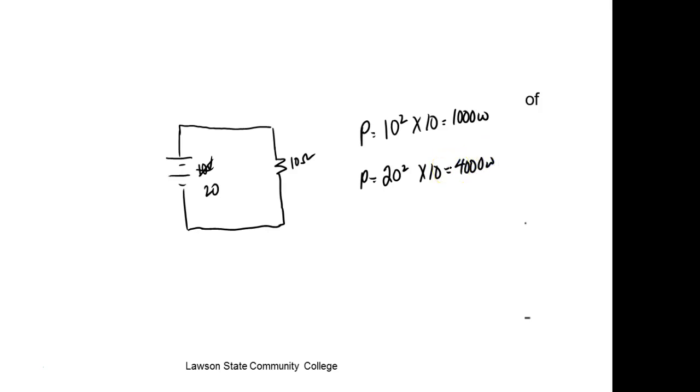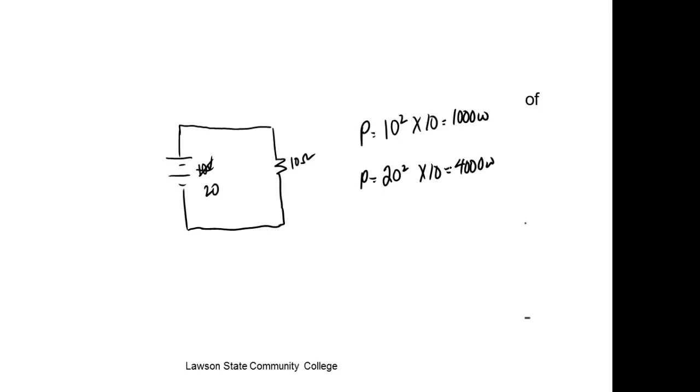What people don't understand is, power is equal to V times I. If the resistance does not change, V and I are directly proportional to each other. So if you double the voltage, you double the current. If you triple the voltage, you triple the current. So power varies with the square of the voltage.